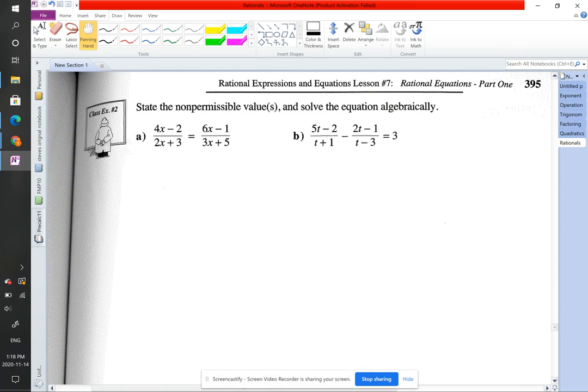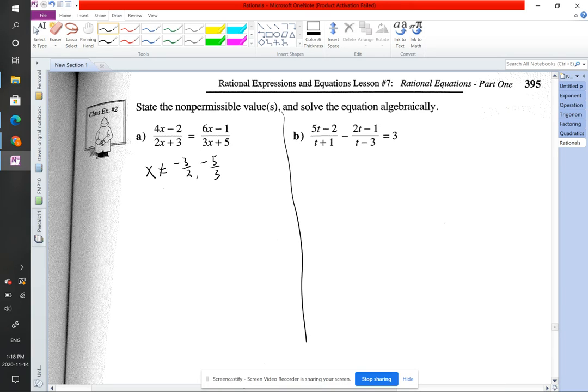So it says here, state the non-permissible values and solve the equation algebraically. So in the first one, we only have one rational term on either side of the equation, so we can use our cross multiplication to solve. But the first thing we want to do is say that x cannot equal -3/2 and -5/3.